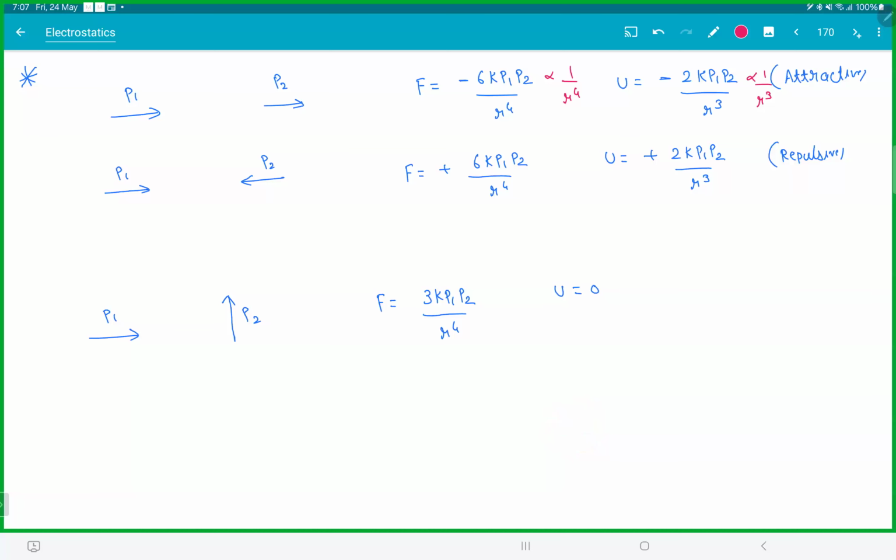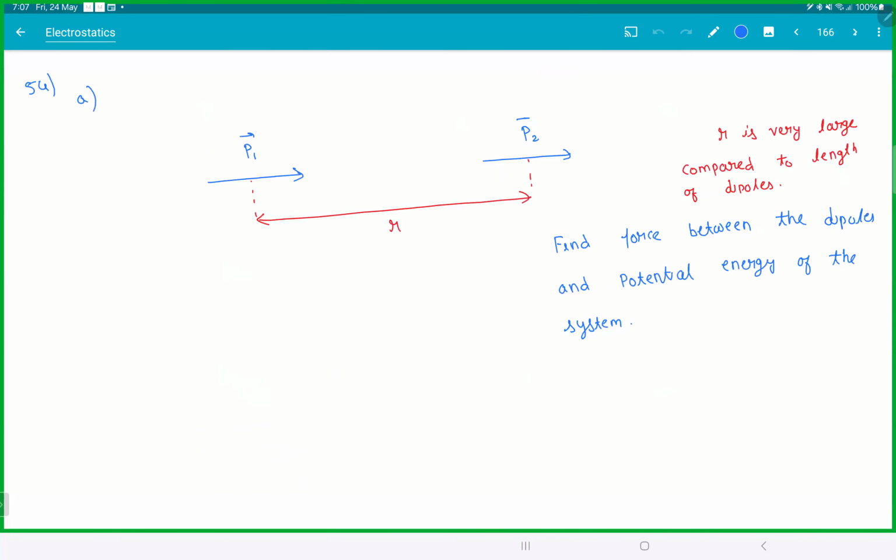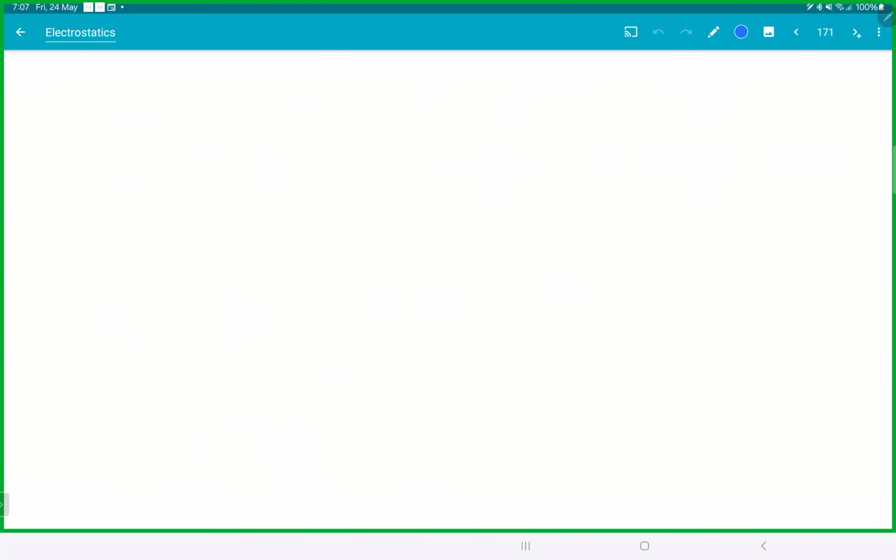Come on, everyone. So try this as homework. Next class we'll be discussing this. This is a good one. We have a ring here, plus q, radius r.